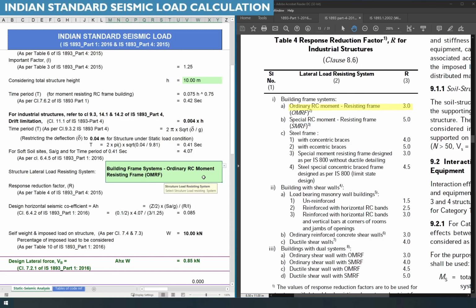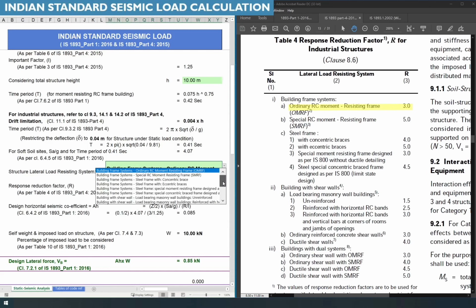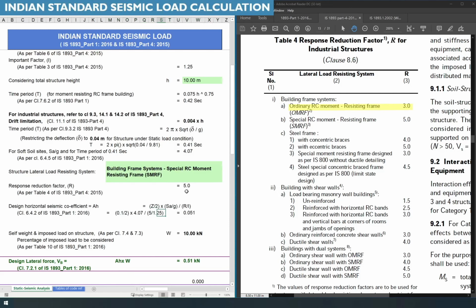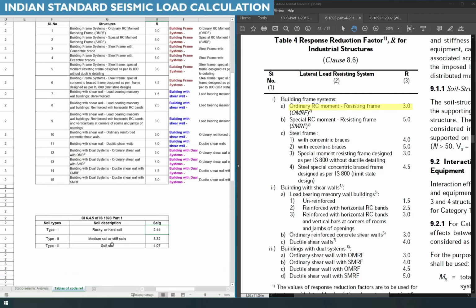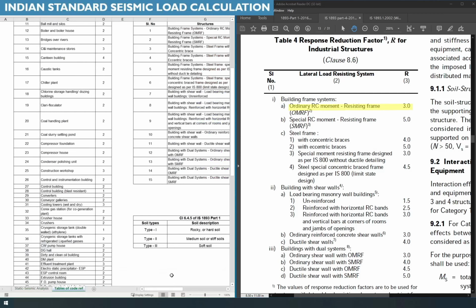So here there is a list provided in the Excel sheet. Suppose I select the building frame system, special RC moment resisting frame, then the value is 5 according to Table 4 in IS 1893 Part 4. Likewise, these tables are extracted and presented here.